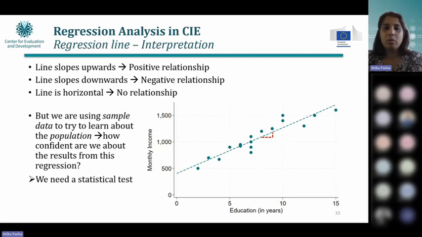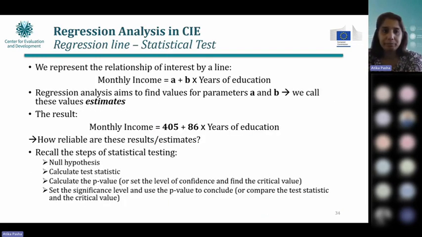However, in our case, obviously, we noted a positive relationship, which was for every year of education, we had 86 units more of income. But again, we are using a sample of 17 individuals for perhaps explaining something for a much larger population. And so how confident are we about these results? And therefore, for this, we need a statistical test.